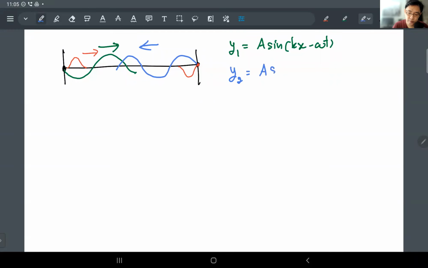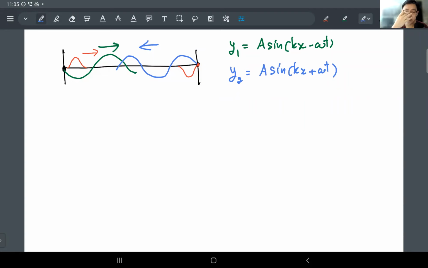Same amplitude, same wavelength, but now I have this blue curve traveling in the opposite direction, so I have to put the plus sign in it. And I don't care about the phi or not phi; you can put it on there or not, that's up to you. Let's say that I have exactly two waves generated, and they are just passing each other.